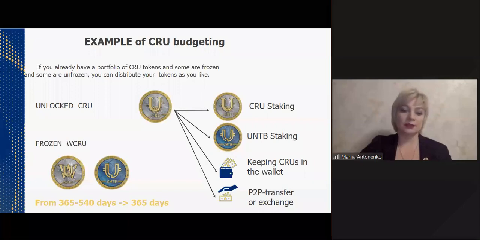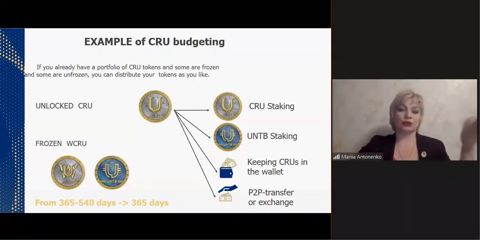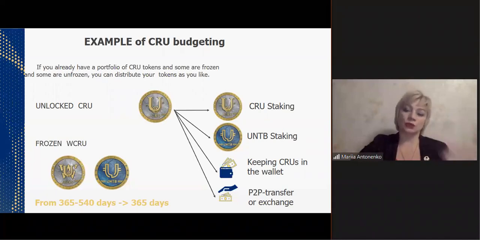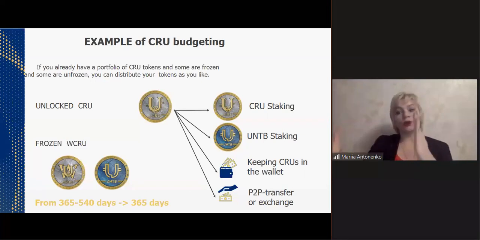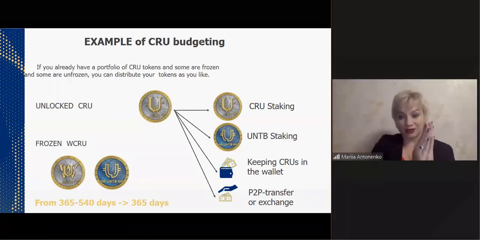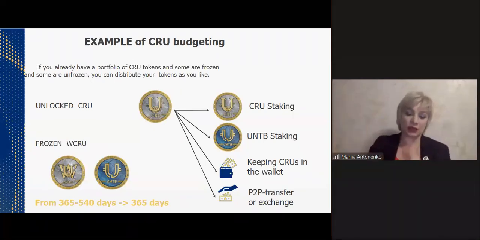So all of our CRUs are unlocked in 3.5 years, in 1,000 days. And if you see that it's already time, like 365 days have passed, and very soon your CRUs will be unlocked, then pick the CRUs from the end, those for which you still have to wait quite a lot of time until they start unfreezing, from day 365 to 1,000 days.